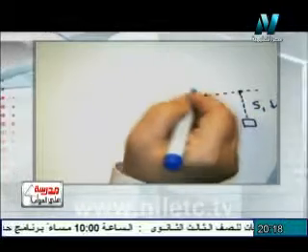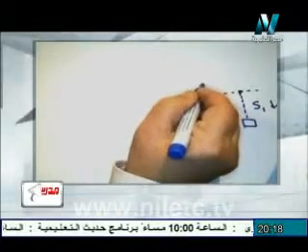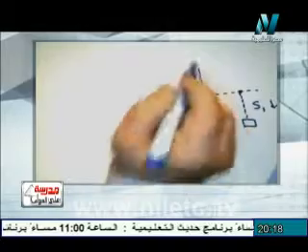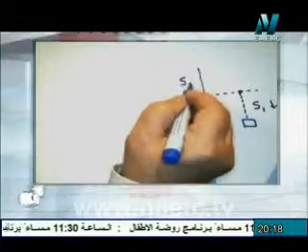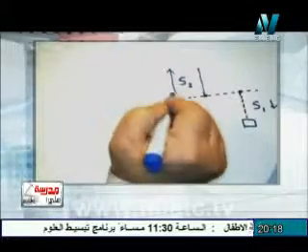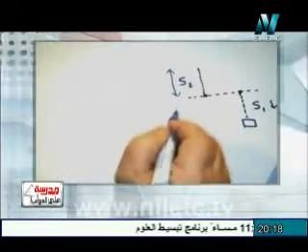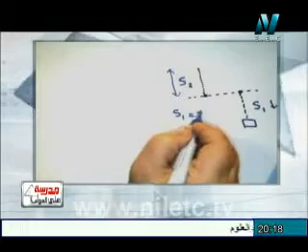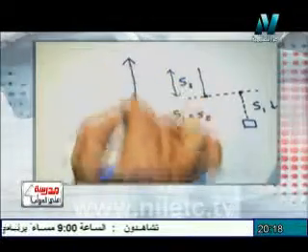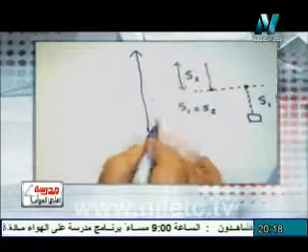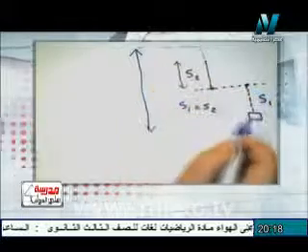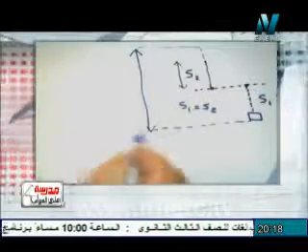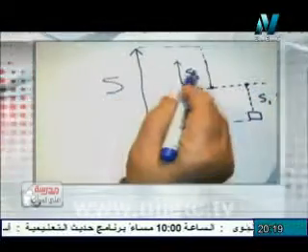At the same time, the mass M2 moves the same distance S2 upwards, where S1 equals S2, and therefore the distance between them, which is S, equals S1 plus S2.